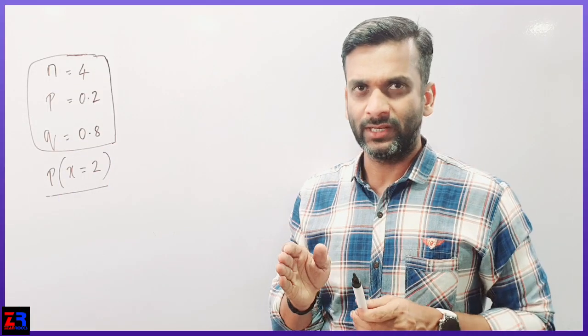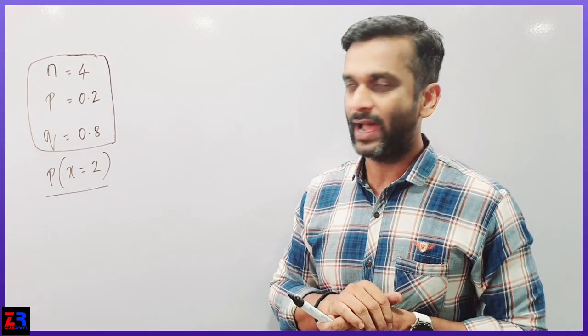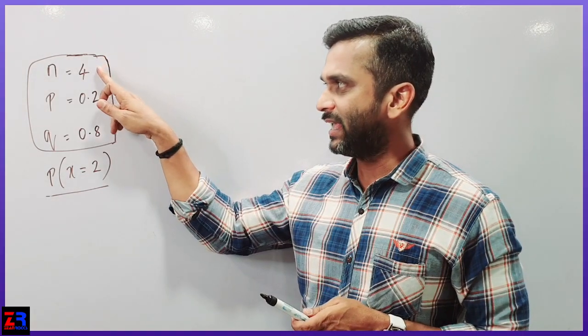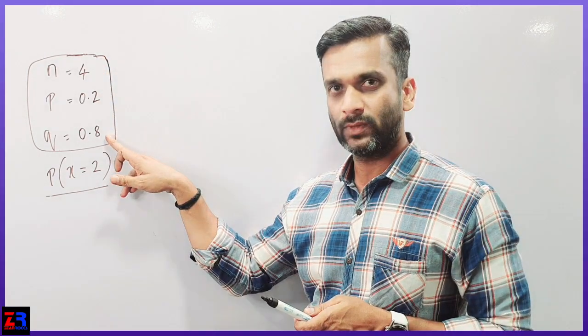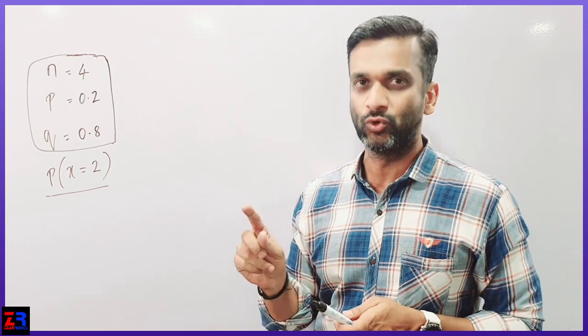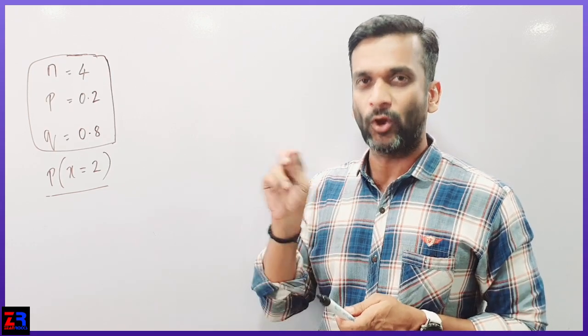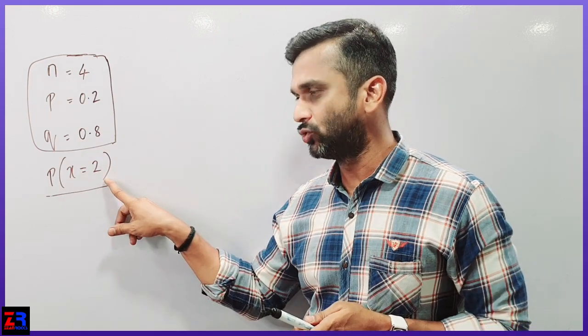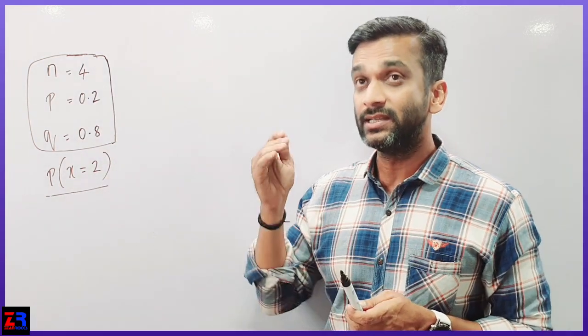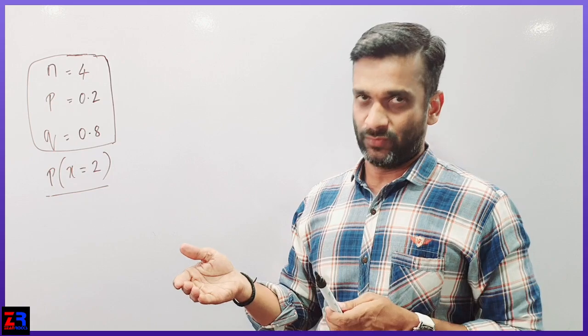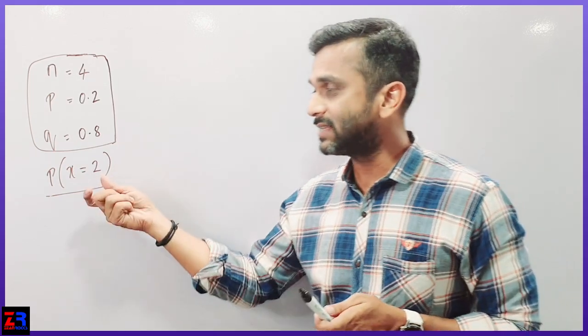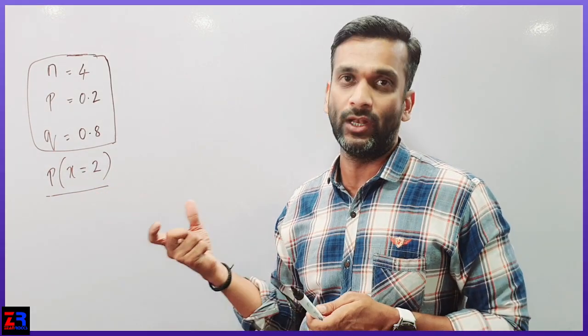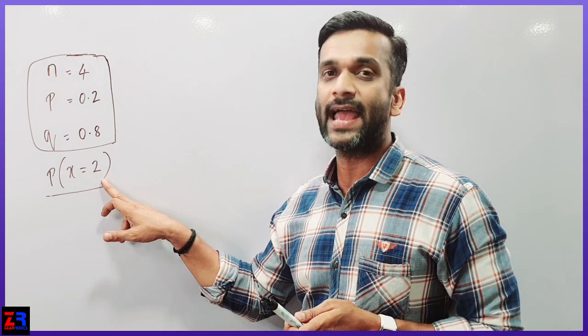In this question, I am going to make you understand how, by using n, p and q and binomial distribution, I can find the probability of the variable x which is equal to 2. Now remember, this is a discrete probability distribution. That means here x has an exact value.